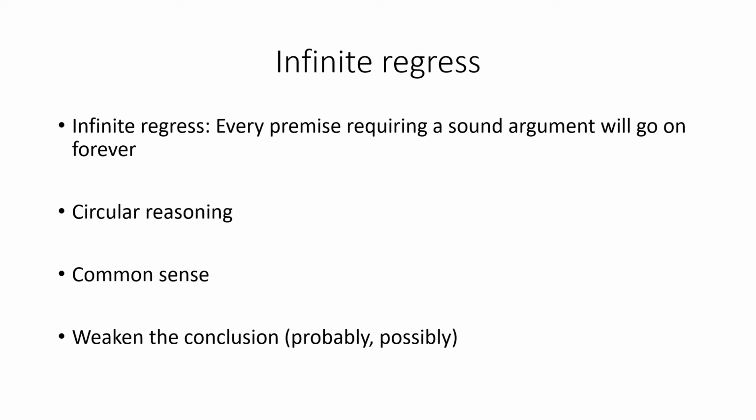Infinite regress is that if it's true that every premise requires a sound argument, every premise in that argument will also require a sound argument, and every premise in that argument will also require a sound argument, and that will go on and on forever. So the problem is where do we stop? Where are we going to stop our infinite regress, or can we stop the infinite regress?